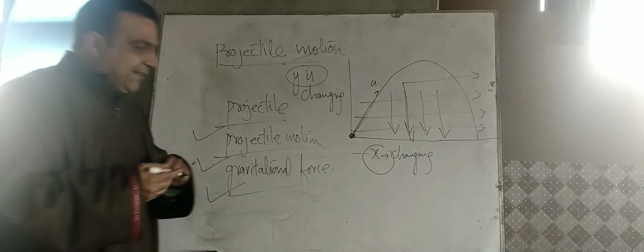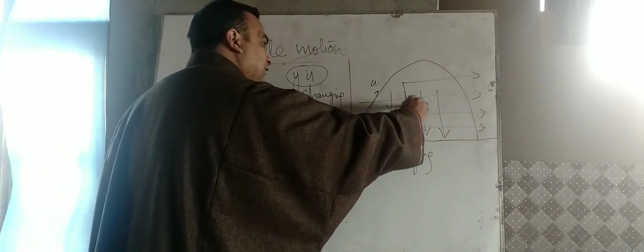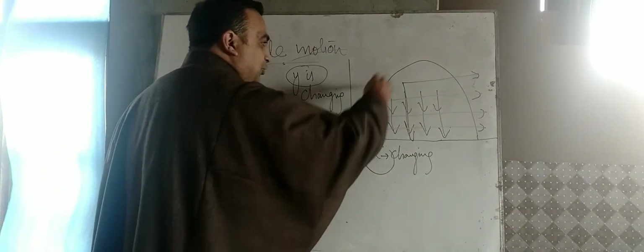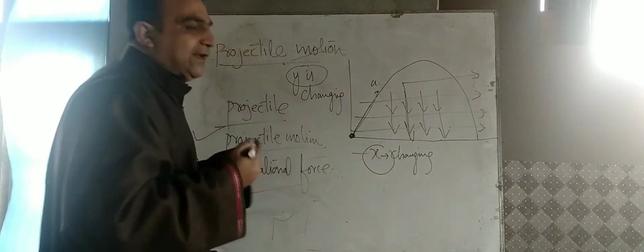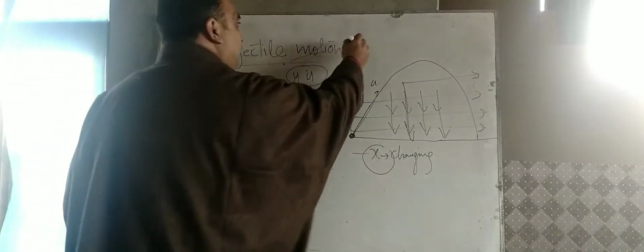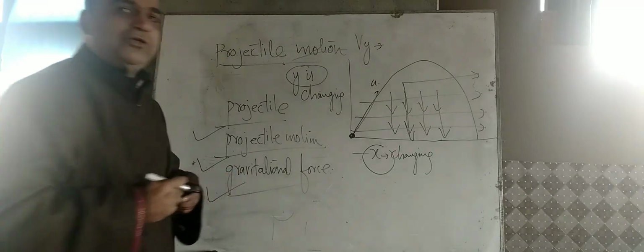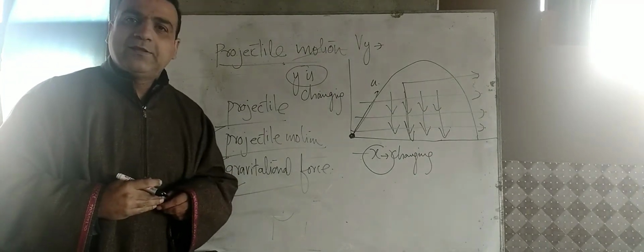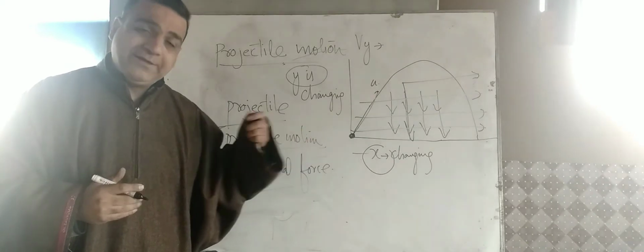Now see, vertically the acceleration is acting, okay? Similarly, the vertical velocity is going to change. That means Vy, the vertical velocity, is going to change. It will have different values at different points.